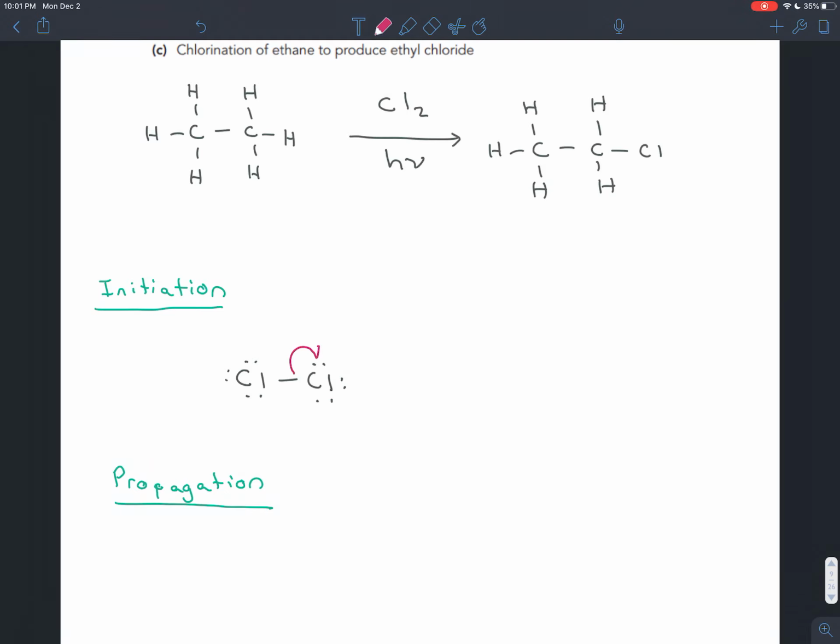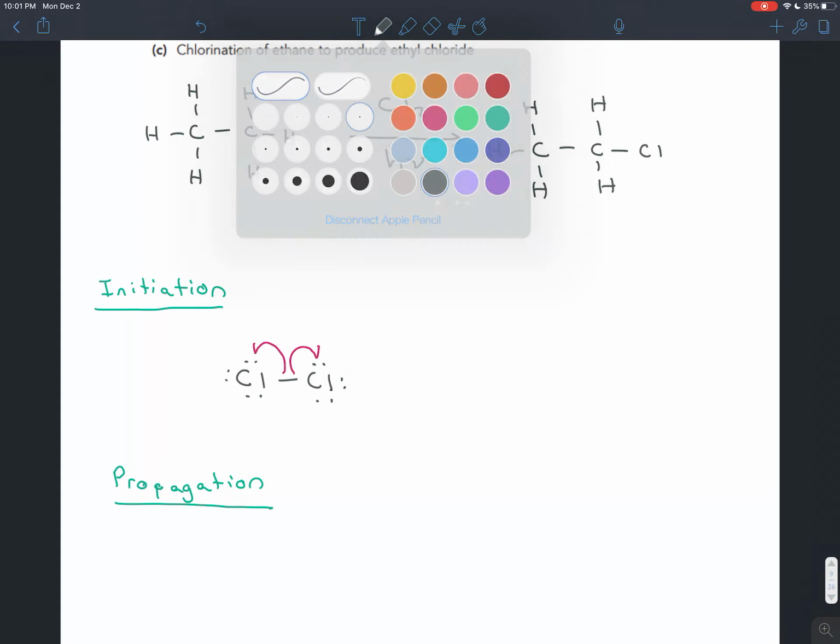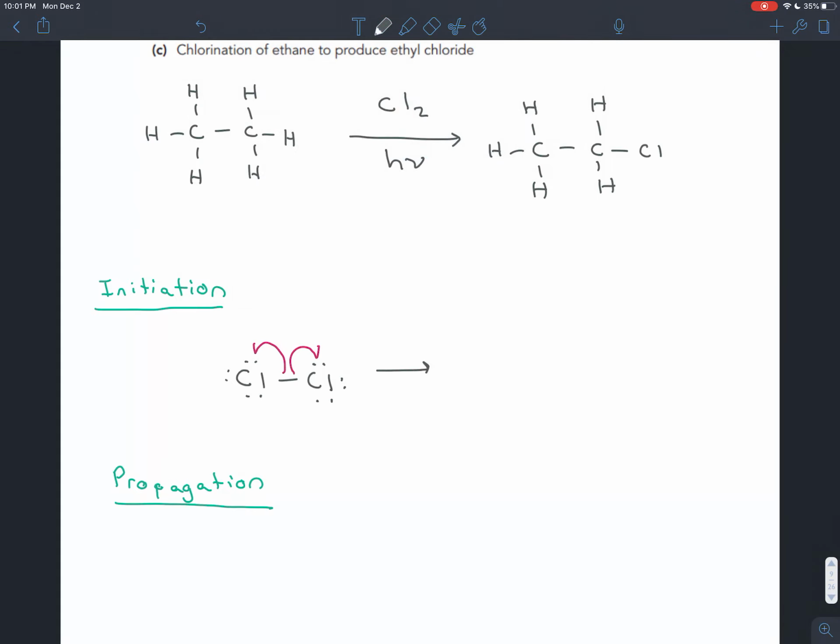One electron snaps back onto one chlorine, the other electron snaps back onto the other. So you get this homolytic cleavage of the chlorine molecule to create two chlorine radicals.